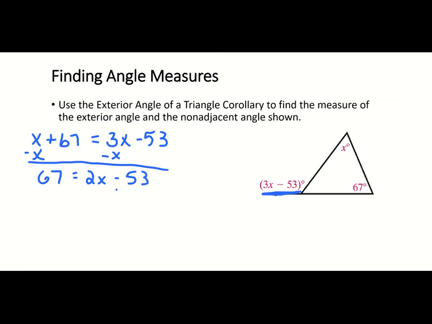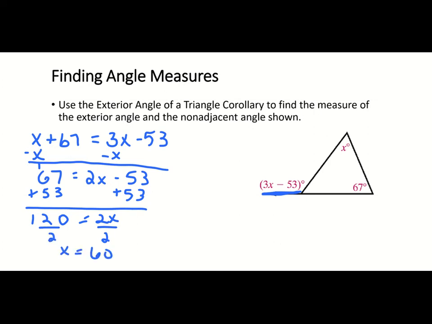I'm going to add 53 to both sides. And we'll end up with 120 is equal to 2x. Divide by 2. So I get x equals 60. And so that means that this angle is 60.